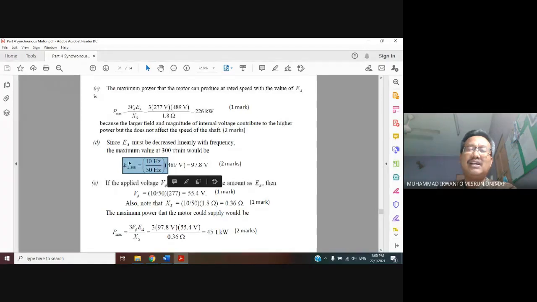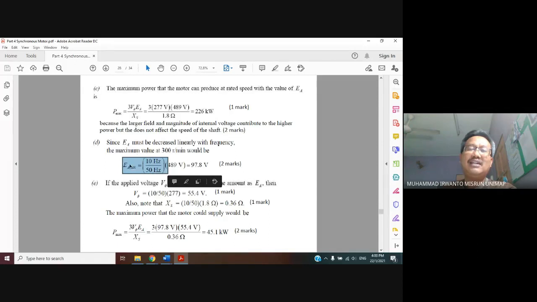EA at 300 over EA at 1500 is equal to the frequency at 300 RPM divided by the frequency at 1500 RPM.